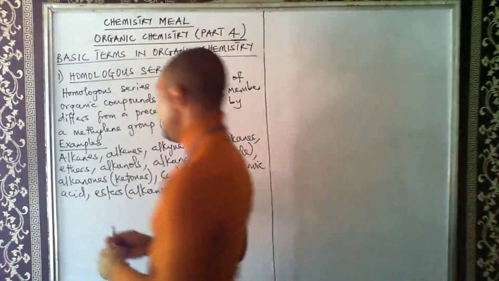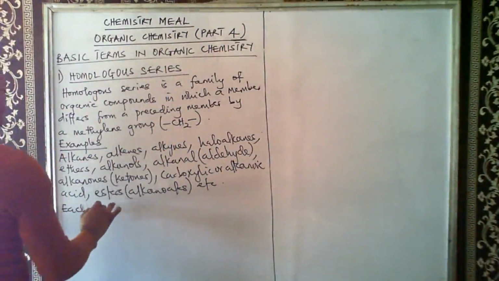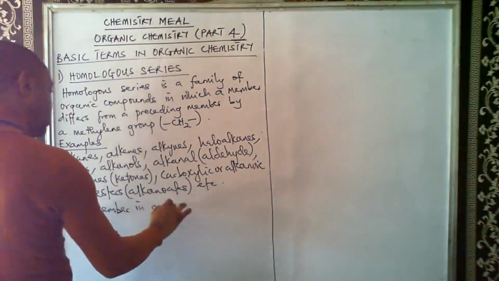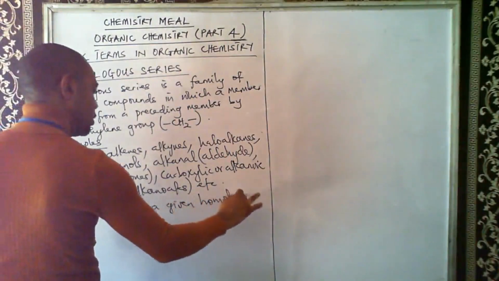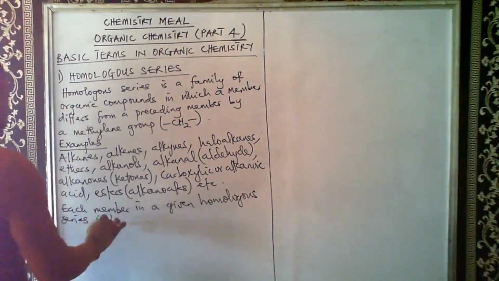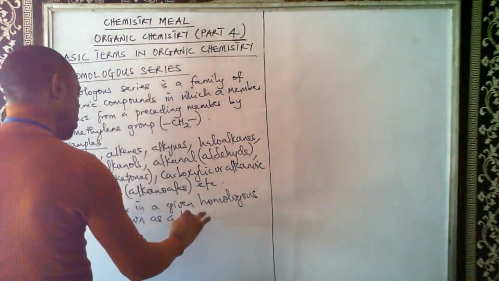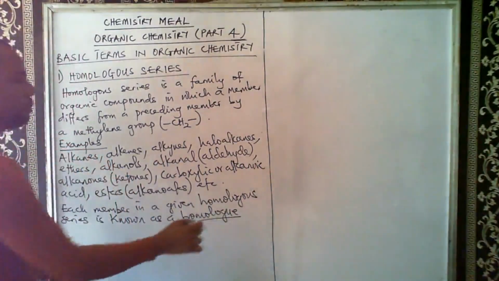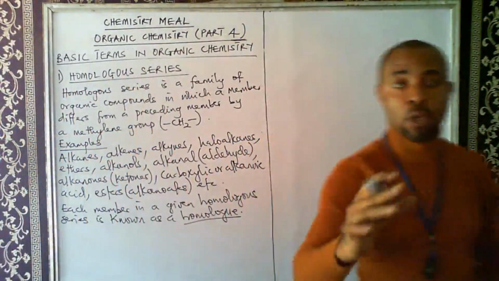Now, each member in a given homologous series is known as a homologue. What do we mean by that?